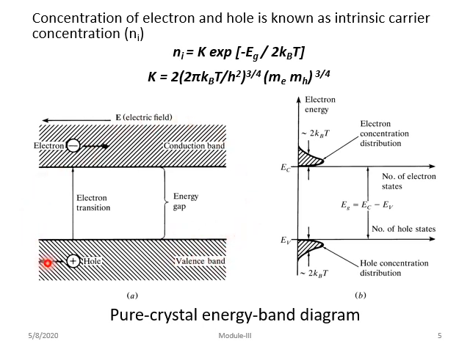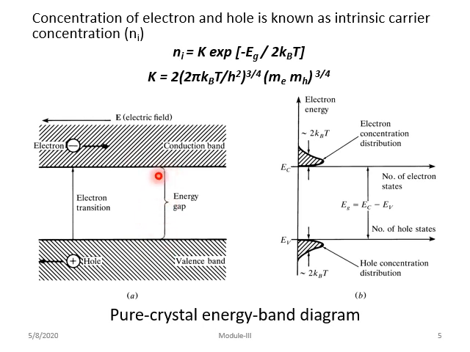As per diagram A, to define the pure crystal energy band diagram, we have one band, the conduction band, and another band, the valence band. Both these bands contain electrons or holes, depending on the material. How are they separated?